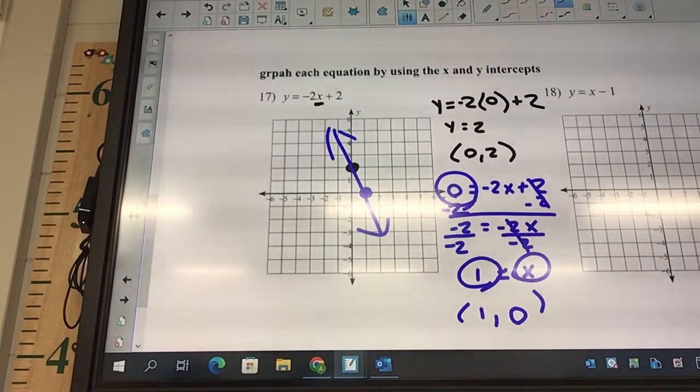Most of the x's you should be able to do really fast, kind of in your head with little to no work.